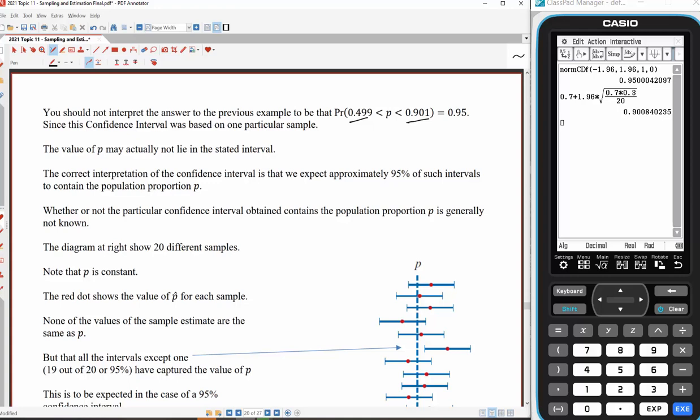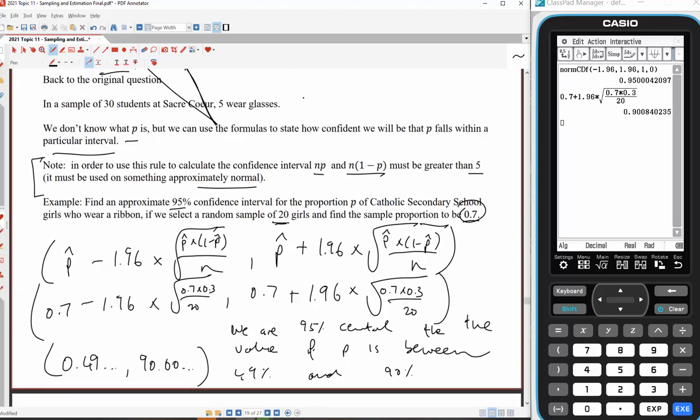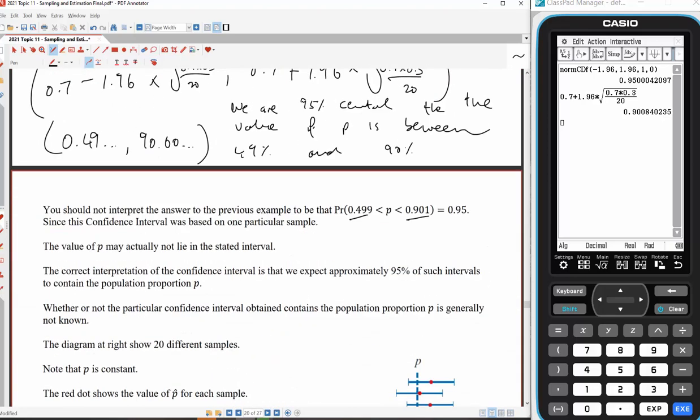Since this confidence interval is based on one particular sample, it just so happened that 0.7 of 20, so that's 14 out of 20 girls, were wearing a ribbon in that particular sample. Important to note that the value of P may not lie in the stated interval. We might have got just a bizarre sample, and so when we did our operations on it, it just didn't work because of the weird sample.